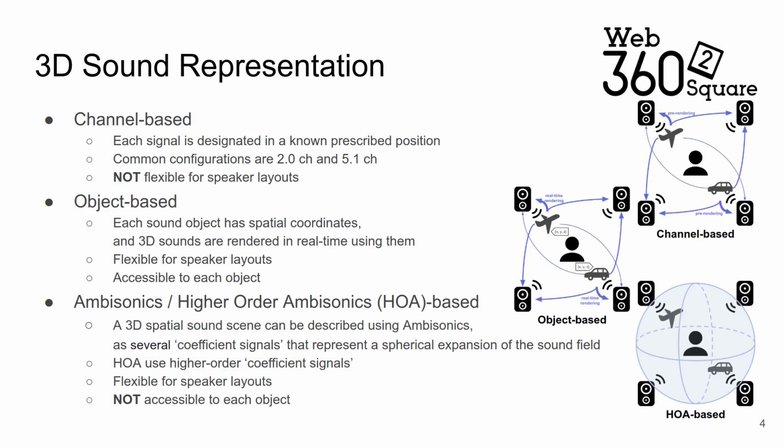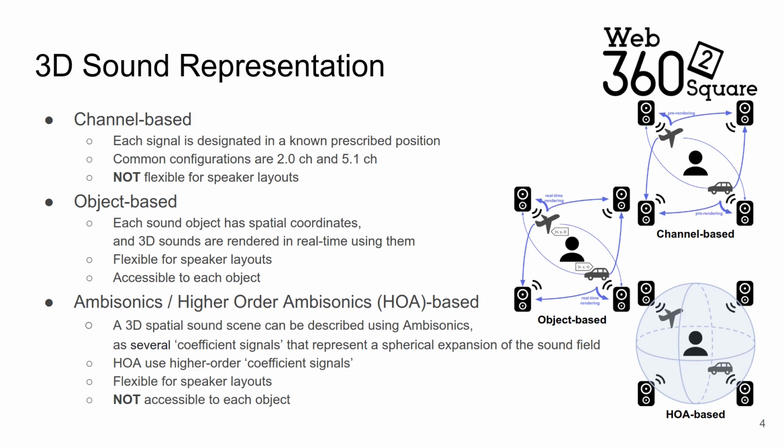Object-based audio uses sound objects which have spatial coordinates, and it renders optimal 3D sound for speakers in real time using those coordinates. In addition, each sound object is managed independently, so object-based audio can be used flexibly and interactively.